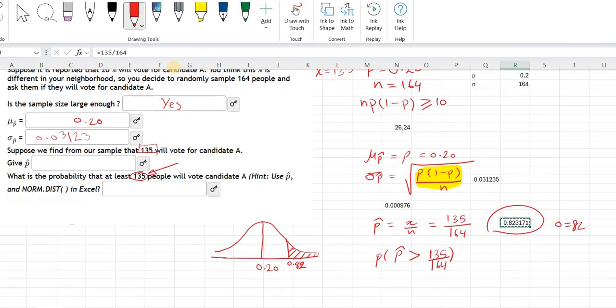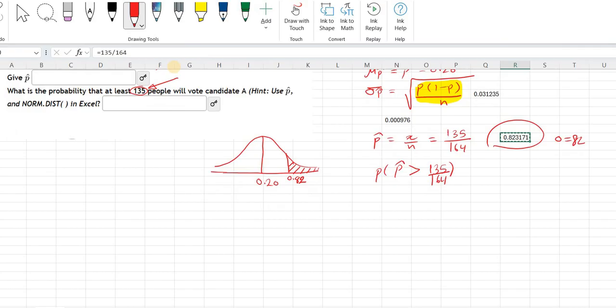So in order to figure out the area to the right of 0.82, you will use 1 minus norm distribution. So this is going to be 1 minus norm dot distribution to the right of what number? That is 0.82, or basically the p hat. I can click on this p hat when I'm computing it. Rounding it too much can give you some rounding errors, so I would not recommend that you use the rounded version of p hat.